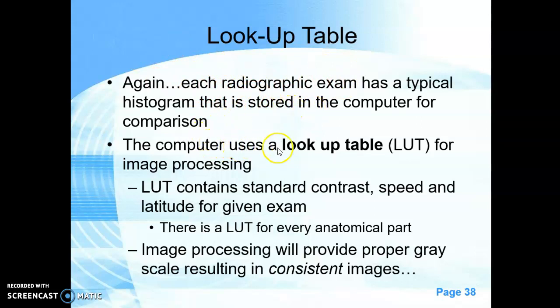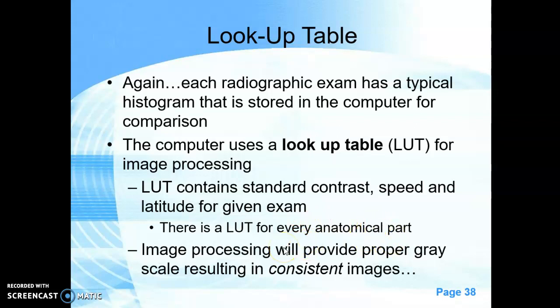The computer is then going to use a lookup table, or LUT, for image processing. The lookup table contains a standard degree of contrast for that image, speed, and latitude for a given exam. There is a lookup table for every anatomical part.